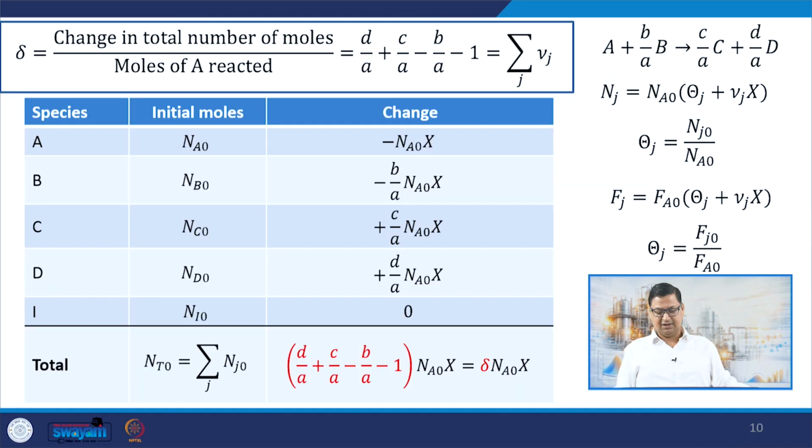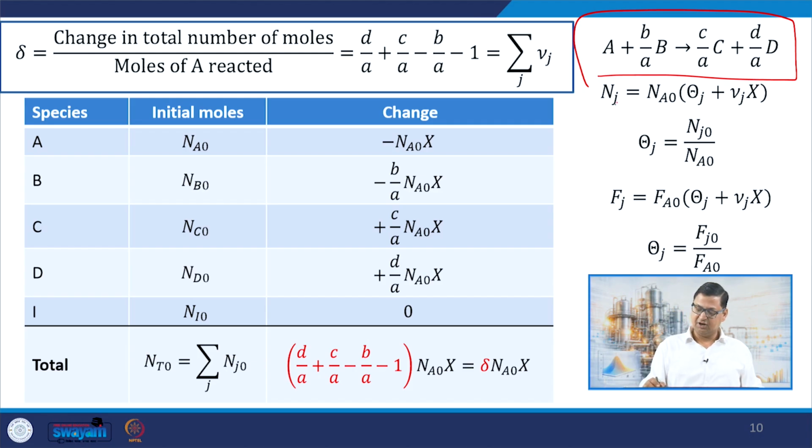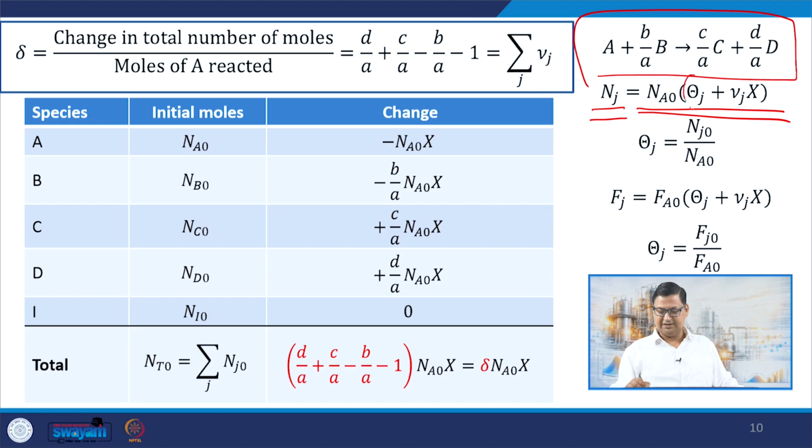Now, we can also find the concentration of other species in the system. Again going back to the general reaction we started with, we can now write the number of moles of species J for the batch reactor as Na naught, which is the number of moles of limiting reactant A, into a quantity theta j, that is basically the ratio of Nj naught by Na naught, plus the stoichiometric coefficient nu j into conversion X, right?